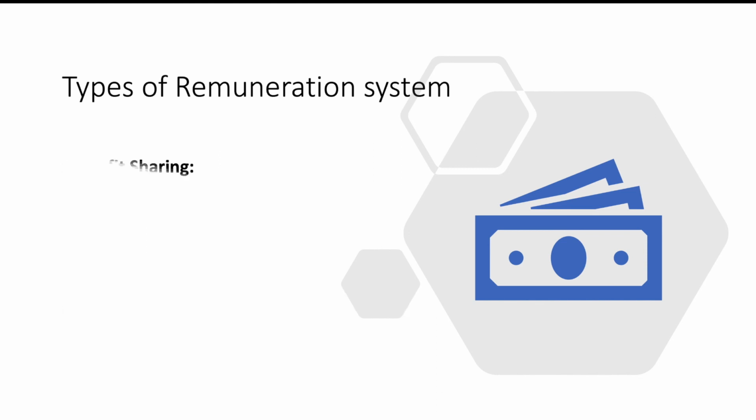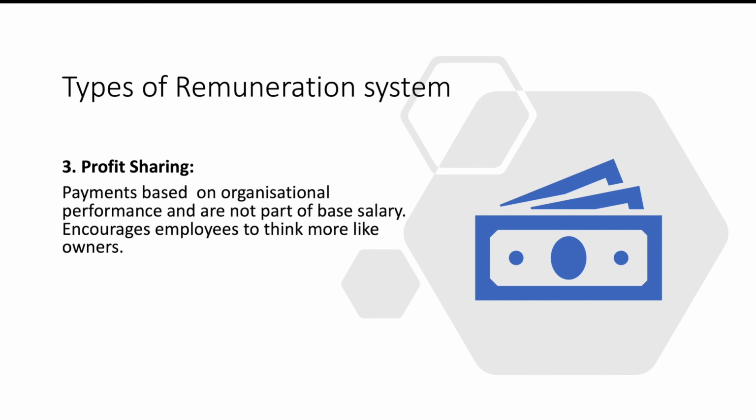Now come to the third one, profit sharing. Even the word says profit will be shared. Payments are based on organizational performance and are not part of base salary. It encourages employees to think more like owners.